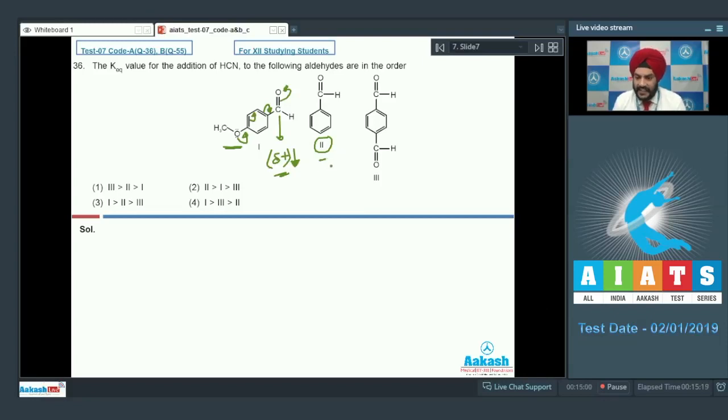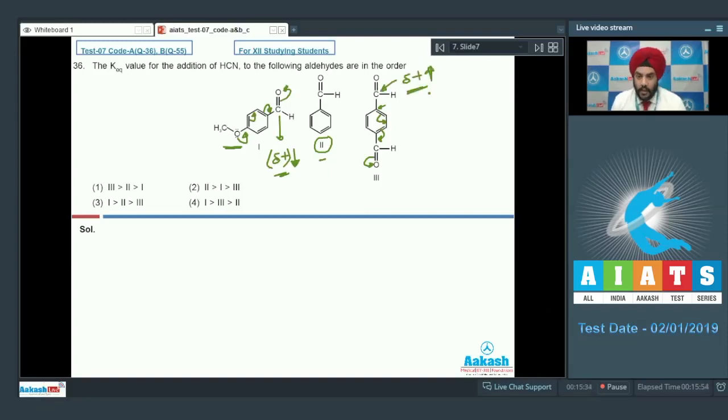Now if you look at the third structure, we have an aldehyde present. So if we talk about the delocalization in the system, we can have this resonance. In this structure 3, there will be a delta positive created at this point, which will in turn increase the electrophilic nature of this carbon.